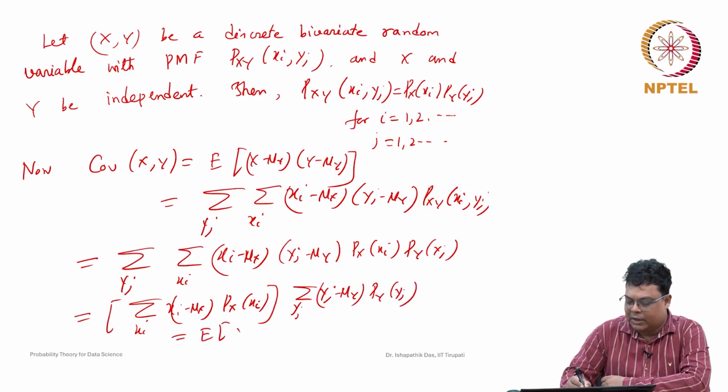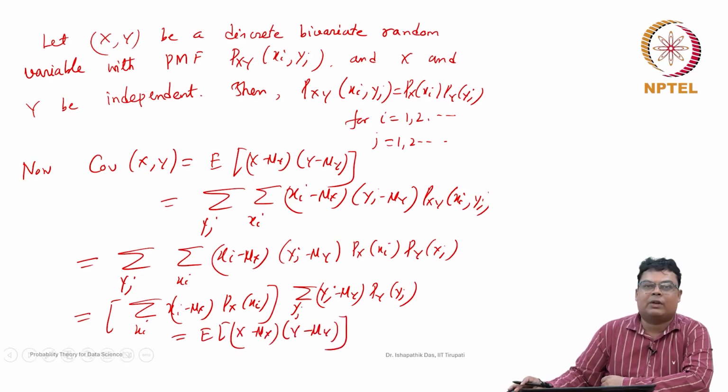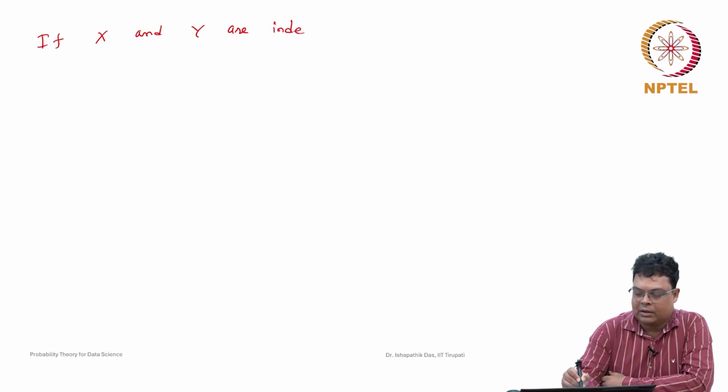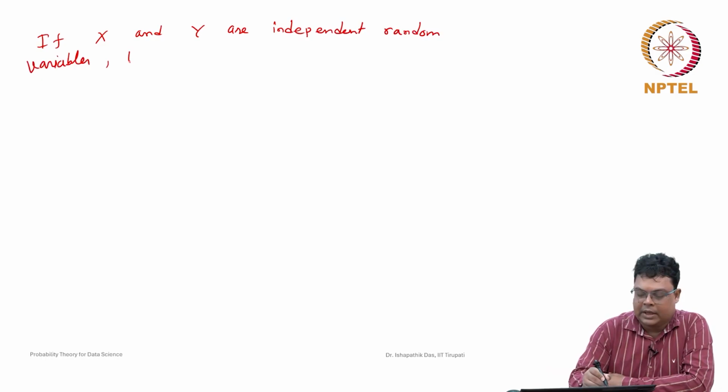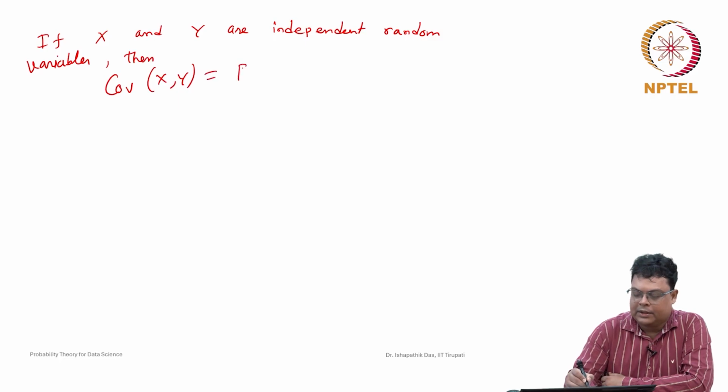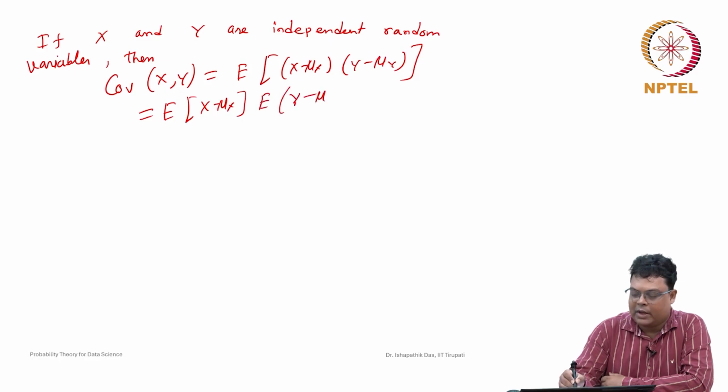So, this is nothing but the expected value of (x minus mu_x) into (y minus mu_y). In both cases, continuous or discrete, what we are finding is that if x and y are independent random variables, then the covariance of xy, which is the expected value of (x minus mu_x)(y minus mu_y), can be written as the expected value of (x minus mu_x) times the expected value of (y minus mu_y).